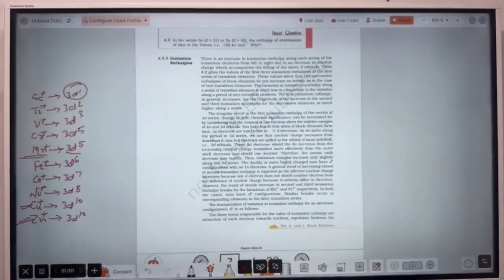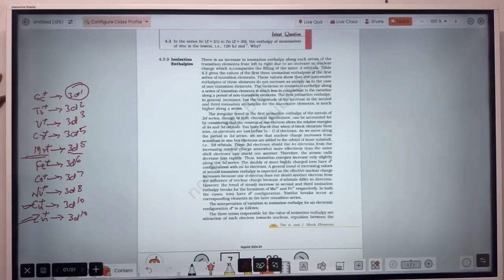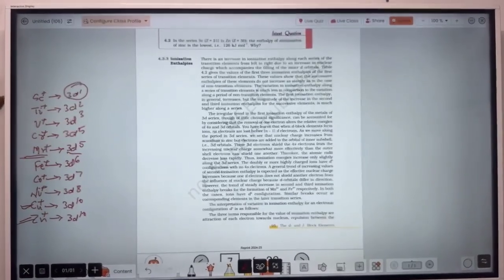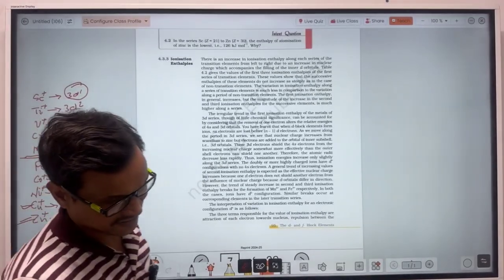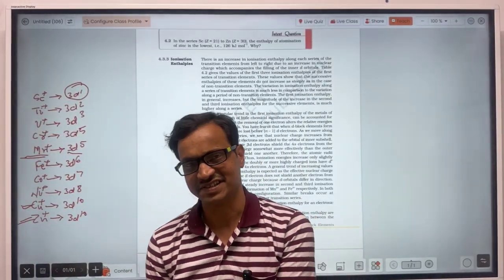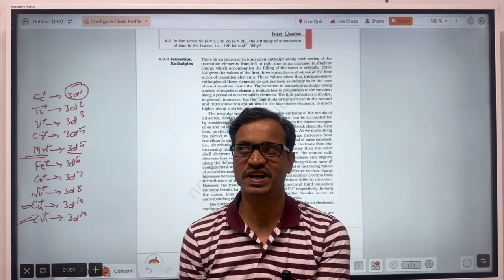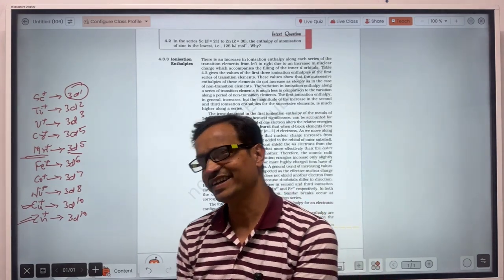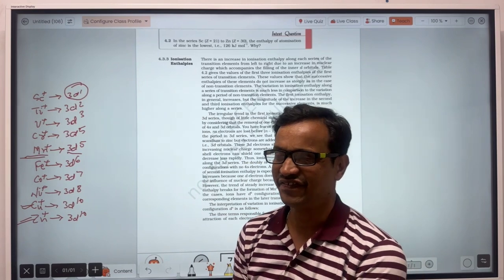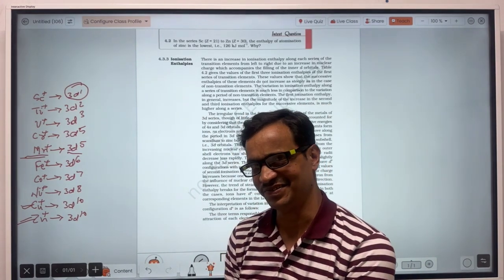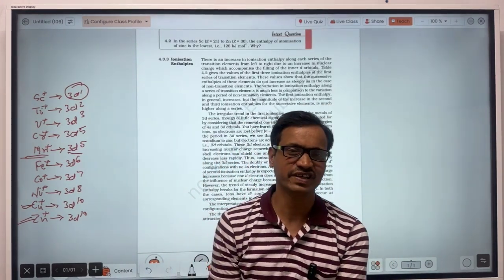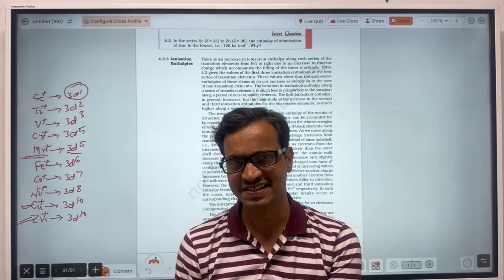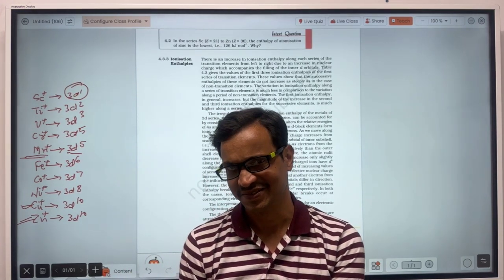If scandium releases one electron, then Sc3 plus will have a noble gas electronic configuration. So Sc2 plus will very readily release the electron. That means scandium will release the third electron by providing less energy.